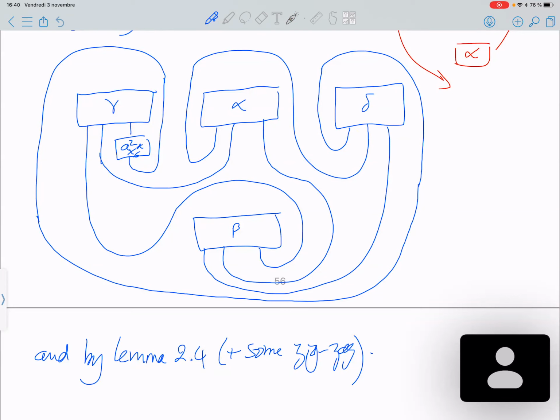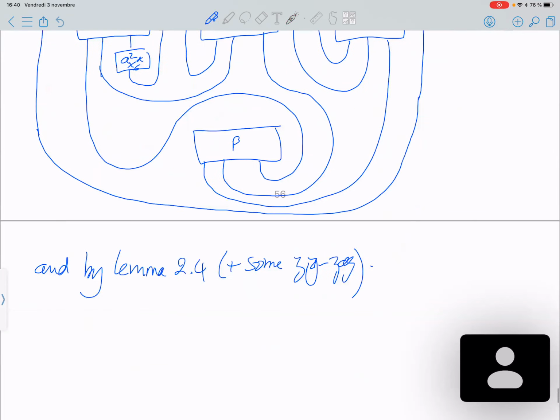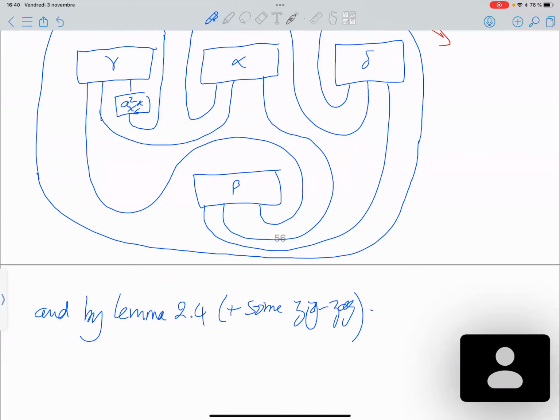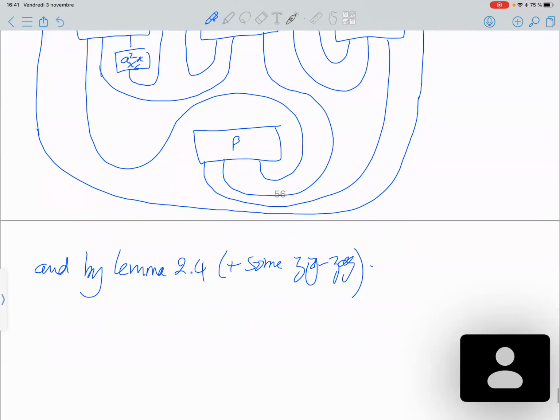Okay, so what do we want? We want to realize this move. In fact, we are not happy with this one because in our model, the strings are going on the left, and here they're going on the right. But we know we prove a lemma like that.